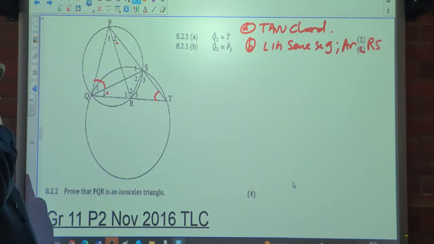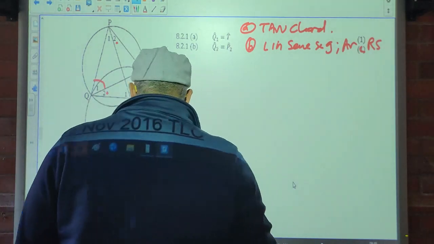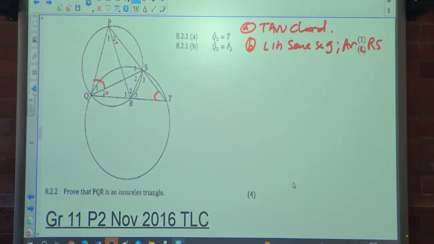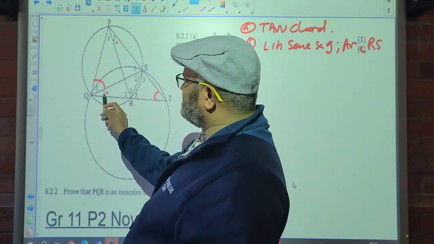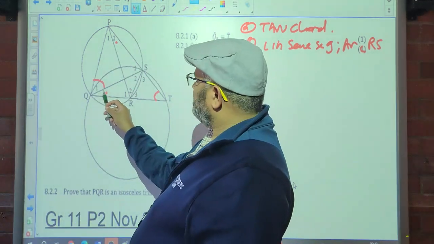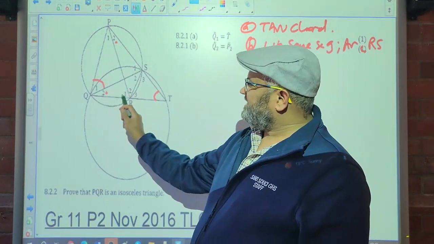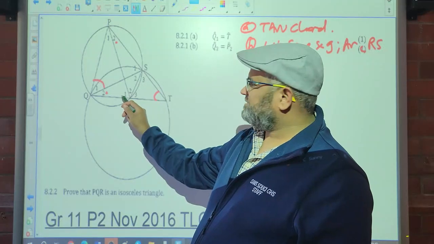Okay, so when is something isosceles? Either two angles are equal or two sides are equal. If you look at this here, you see these angles are already marked. But this angle here can get the same marking.